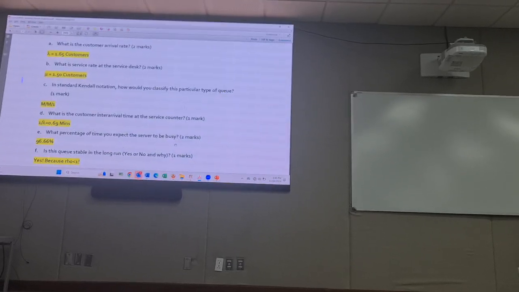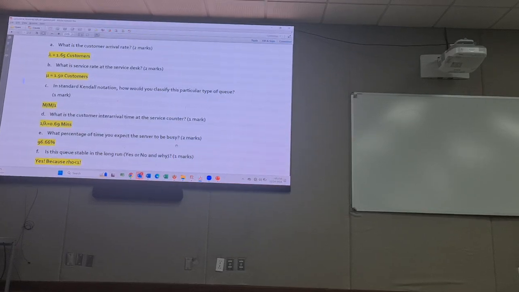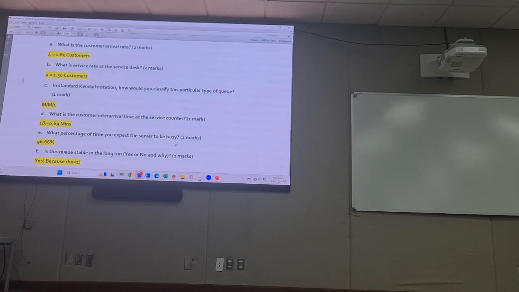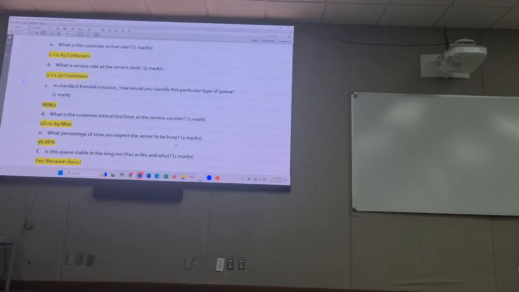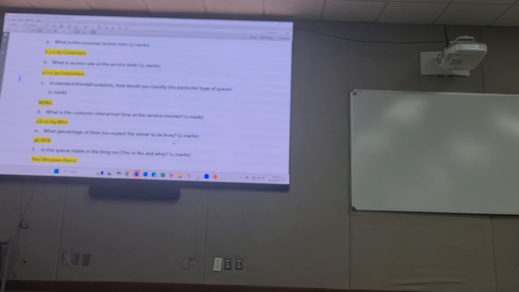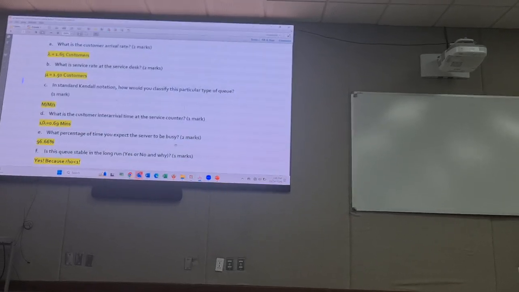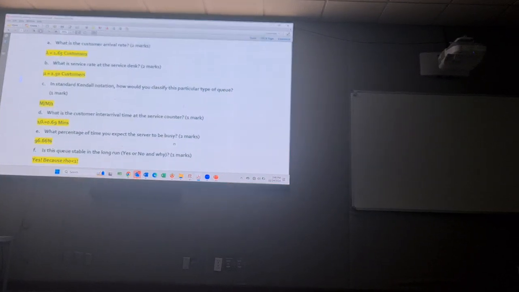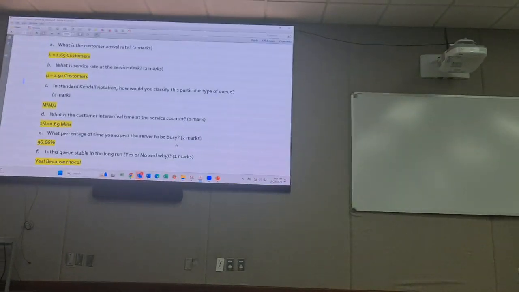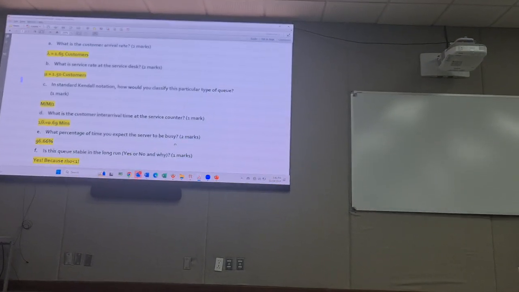Is the queue stable in the long run? Percentage is lambda over mu. It could be turned into percentage, you just multiply by 100. So 1.65 divided by 1.5 times 100.